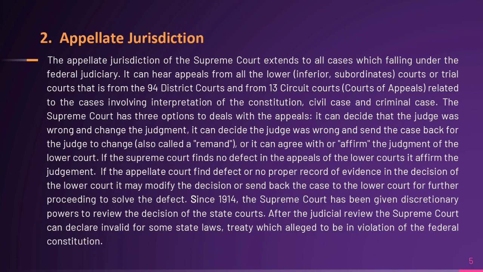And if the Supreme Court finds that this appeal or this law is against the Constitution or violates the Constitution, then the Supreme Court can declare it invalid and it can kill it or strike it and cancel it. It can also declare it as not true and not correct and not a good law.